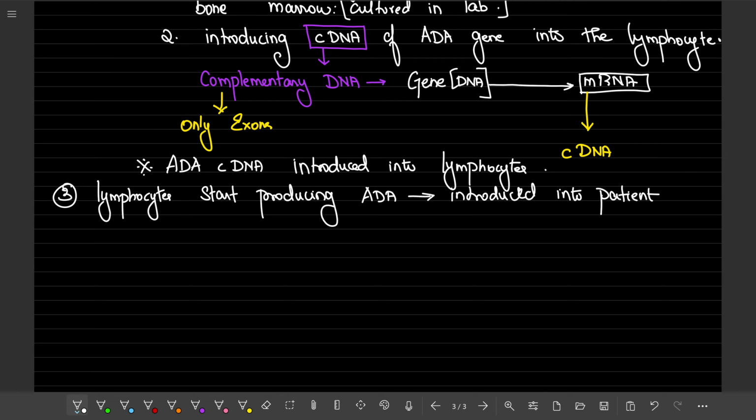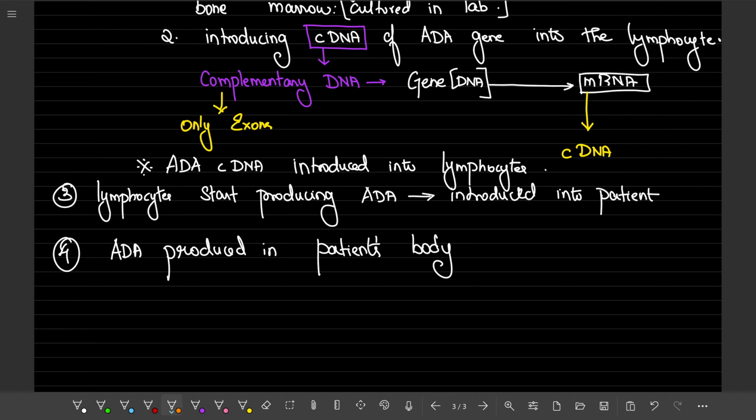So now there are a lot of cells circulating in the girl's body which are secreting ADA, which means the immune system functions normally. So now ADA is going to be produced in the patient's body, but is this a permanent solution? Why?